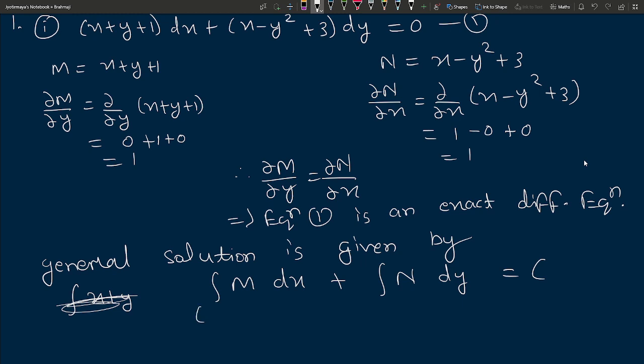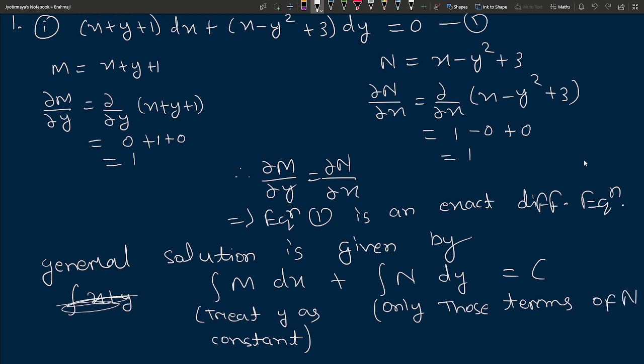To integrate M, you will treat y as a constant. To integrate N, you have to integrate only those terms of N that do not contain x.